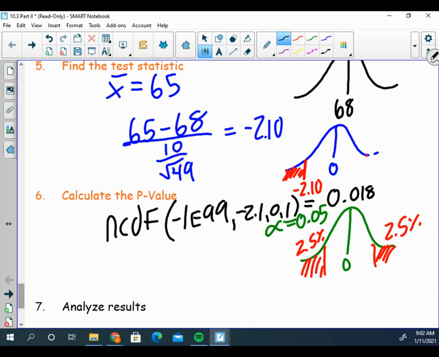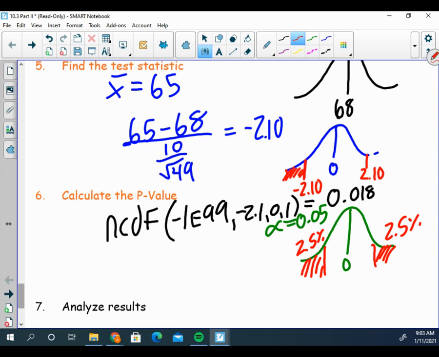There's a 0.18% chance of getting a data value, assuming the mean is true, as extreme as negative 2.1 or more. But what we said is we also have to consider the top percent, right? Just like our significance level splits on two-tailed tests, so does our probability, because we're going to compare it to the significance level.